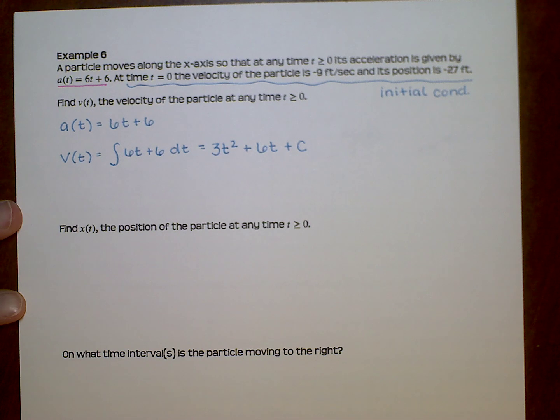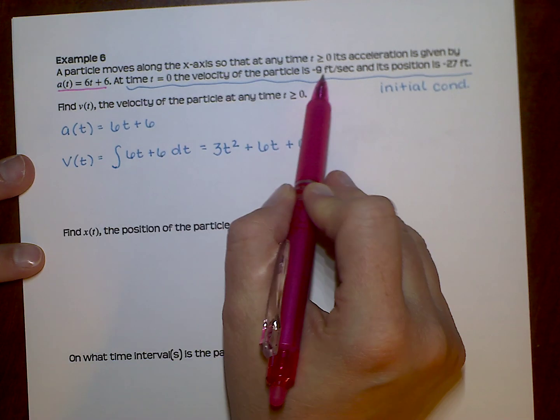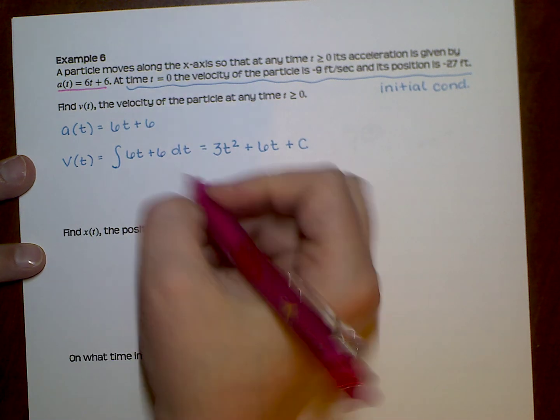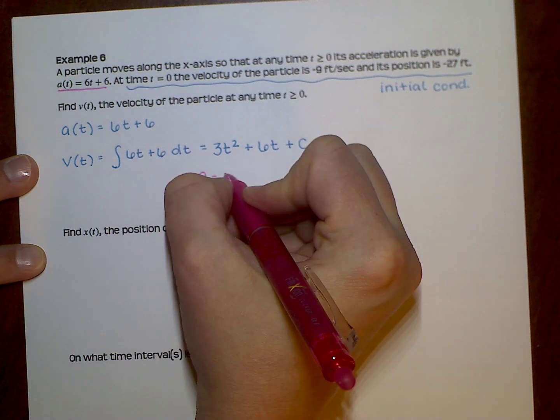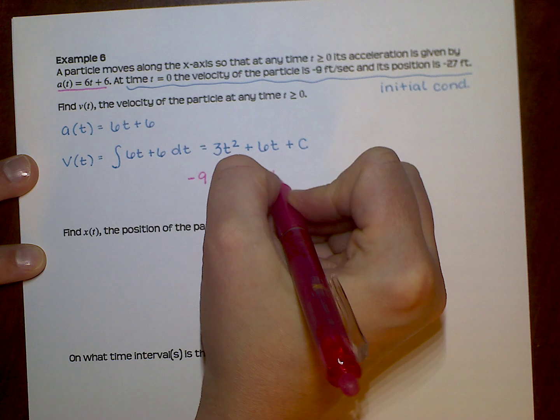But this is where my initial condition for my velocity comes in. What my velocity is telling me is that when t equals 0, the velocity is negative 9. So if I put zeros in here, I'm going to get 0 plus 0 plus c.